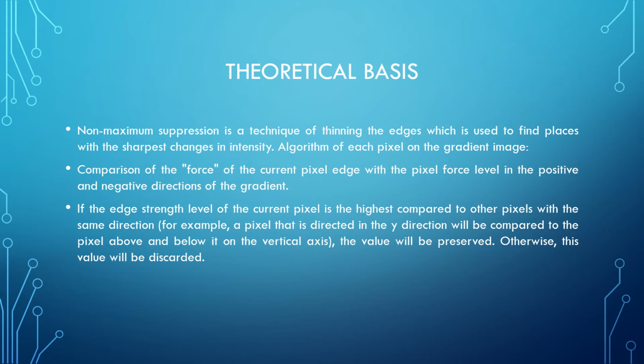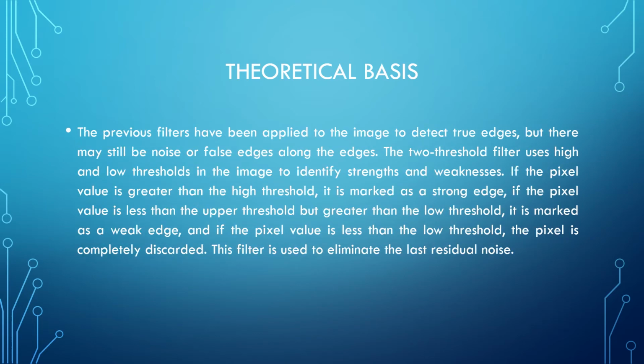If the edge strength level of the current pixel is the highest compared to other pixels with the same directions, it is kept. The previous filters have been applied to the image to detect true edges, but there may still be noise or false edges along the edge.